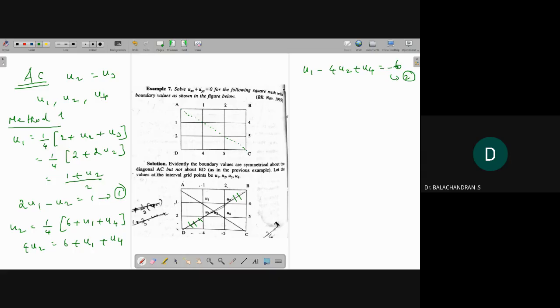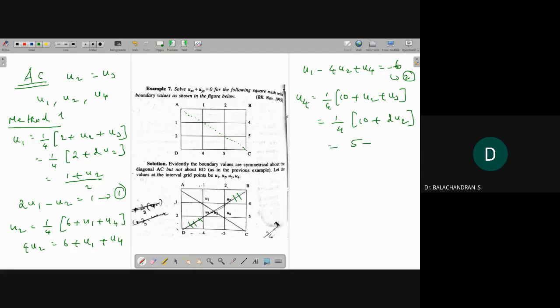And then I need U4. So U4 equal to 1 by 4 into 5 plus 5, 10, plus U2 plus U3. But U2 equal to U3, we know that. So 2U2.